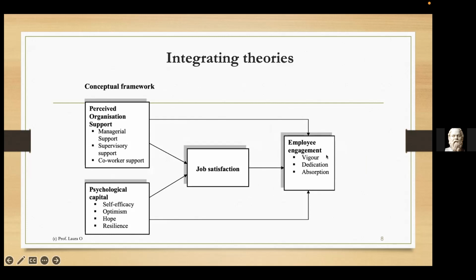From here, you can see the theories at work are actually the social exchange theory. From social exchange theory, you pick out the perceived organization support, and from psychological capital theory. All these provide explanation for employee engagement, okay, in their own accord.